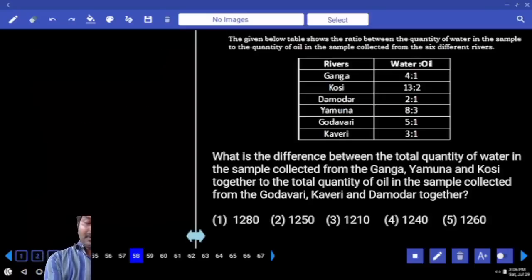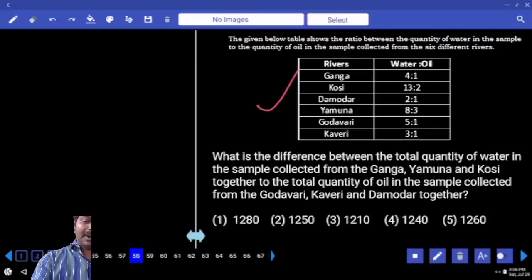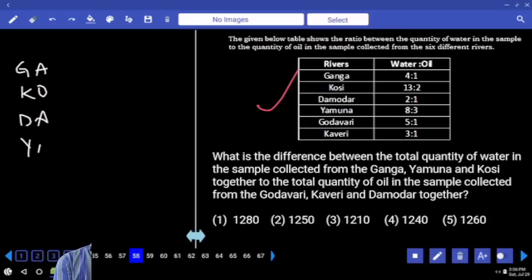So now we have Ganga, Yamuna, Kosi, Godavari, Kaveri and then Damodar. We don't have to follow any order. Let's follow the same order which is mentioned in the table. Ganga, Kosi, Damodar, Yamuna, Godavari.